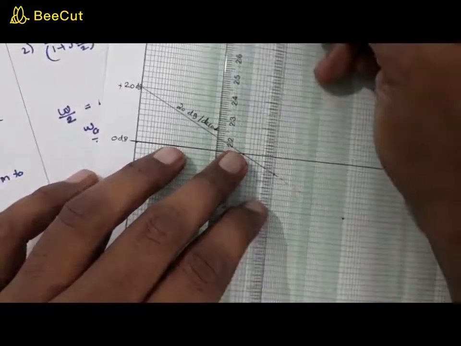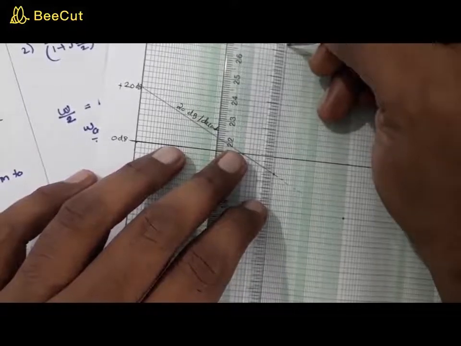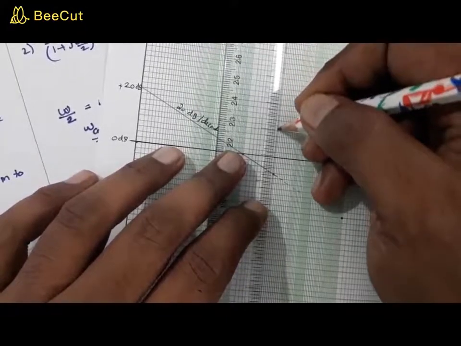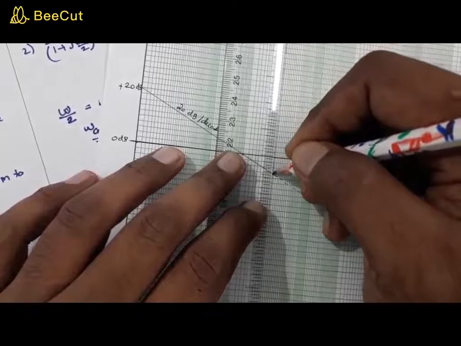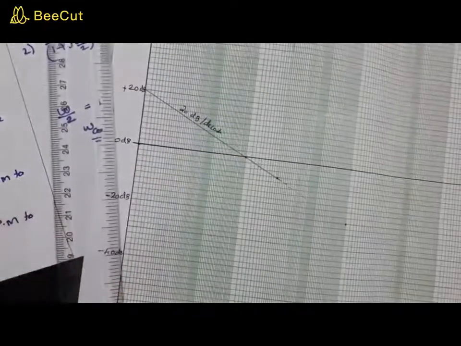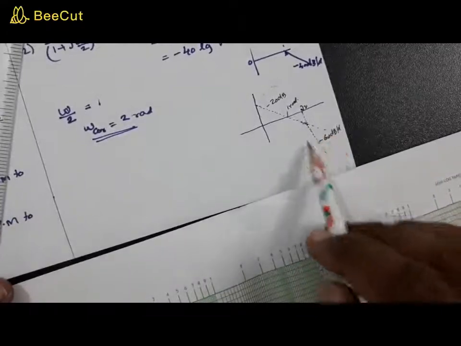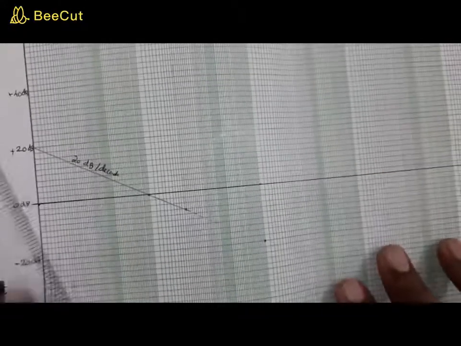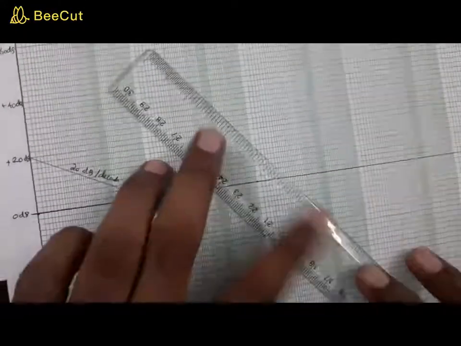I am plotting this by dotted lines like this. Now, from this point onwards, I have already found out that this must be a 60 dB per decade. Now, how will you draw a 60 dB per decade? Now, you can have a 60 dB per decade.